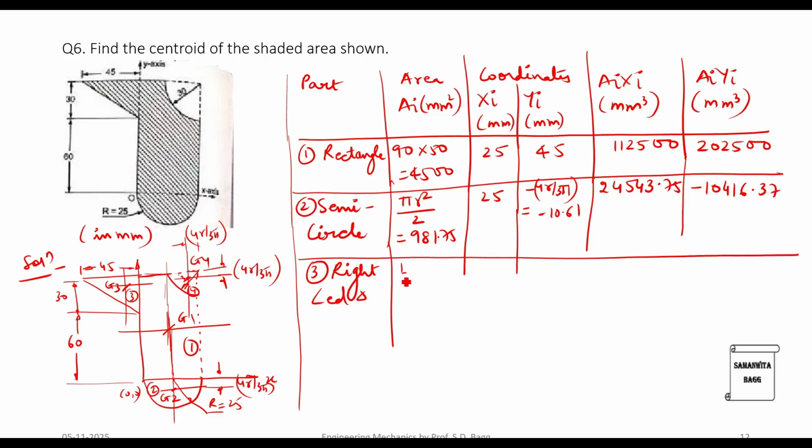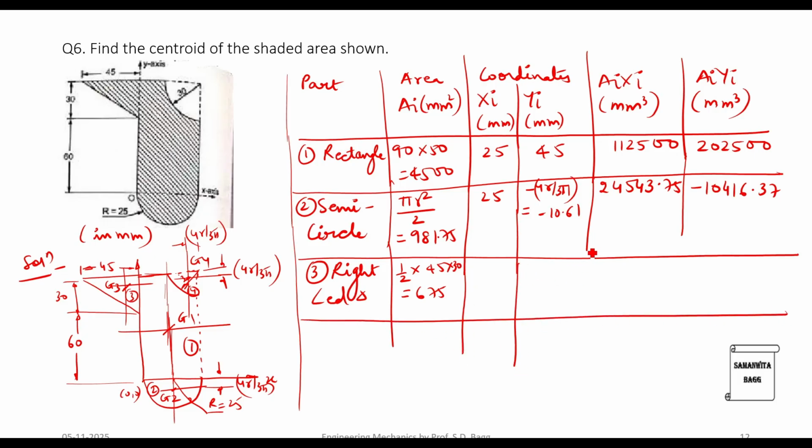The next shape is of the right angled triangle, for which the area is half, base is 45, height is 30. So this makes it to 675. Then we have the x coordinate to the left. So this will be minus, and the distance is 45 by 3. So this is minus 15. Height over here is from this end.